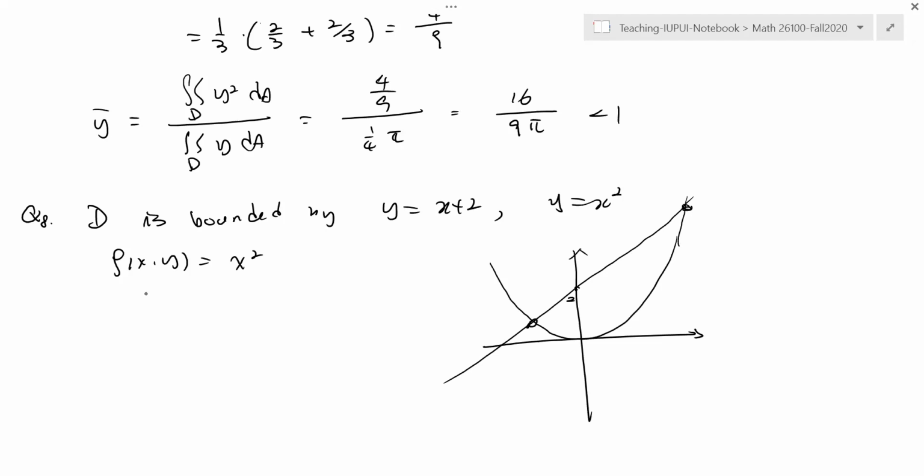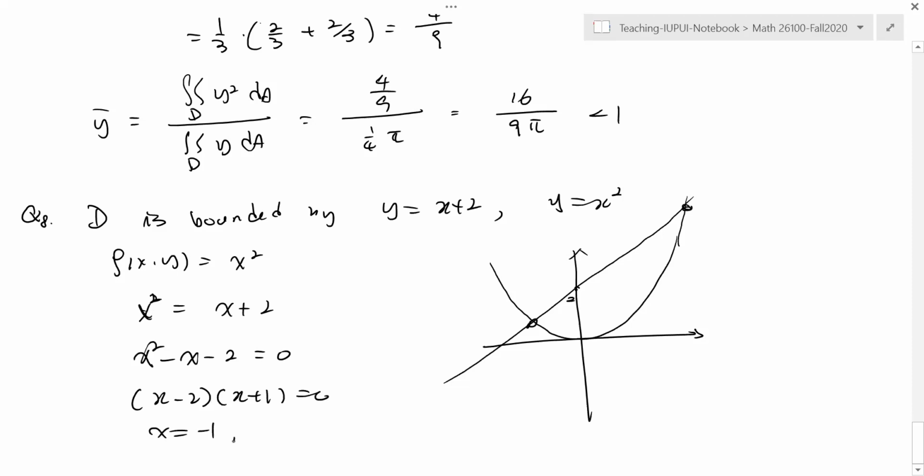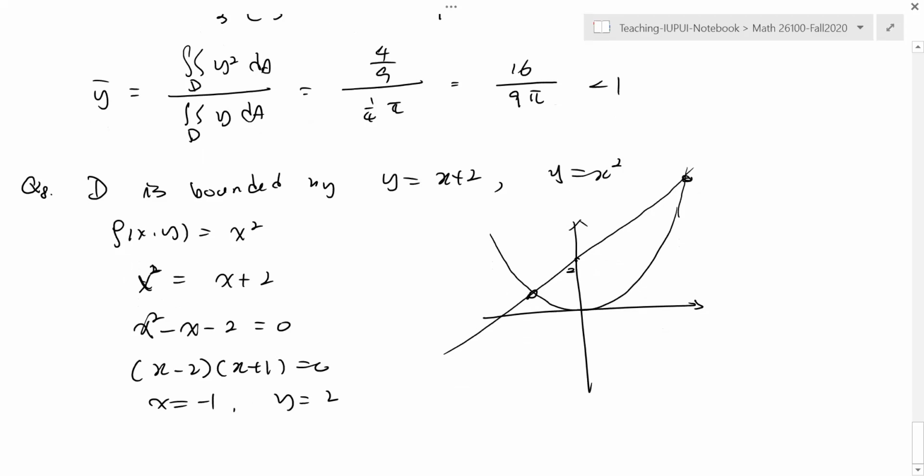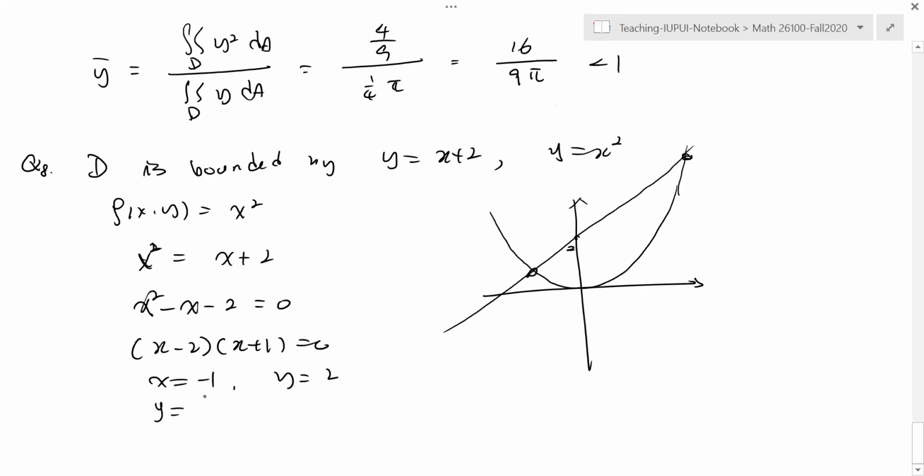So how do you find it? Well, just set them equal, because at the intersection point, they both have the same y value. So x squared minus x minus 2 equals 0. And you can quickly factor it. So you get x equals -1, y equals 1, because -1 plus 2 is 1.